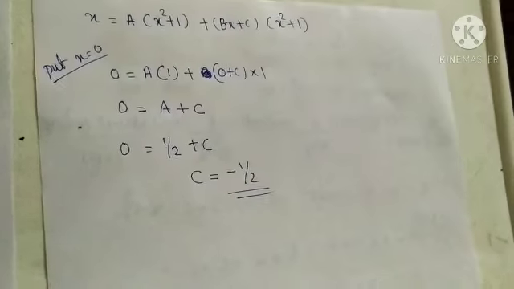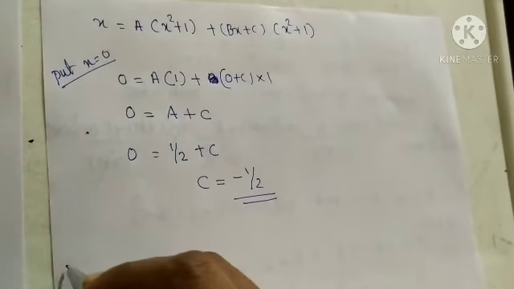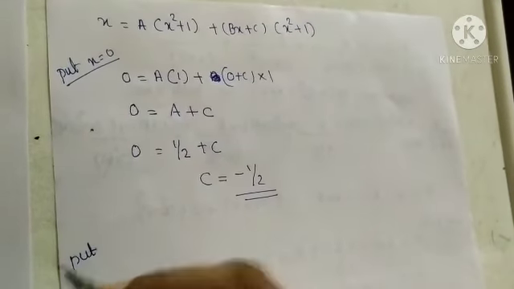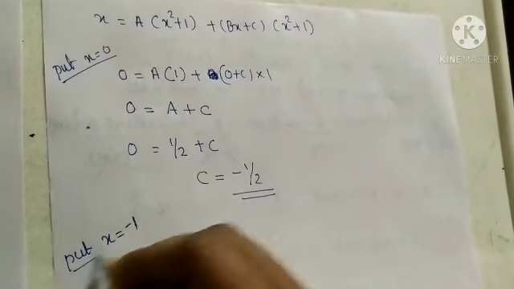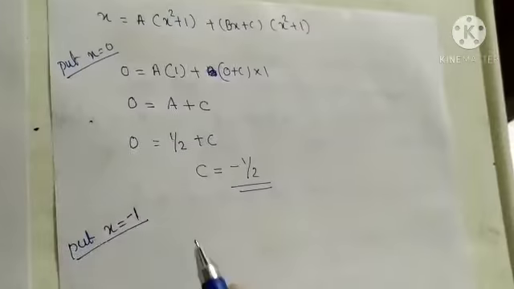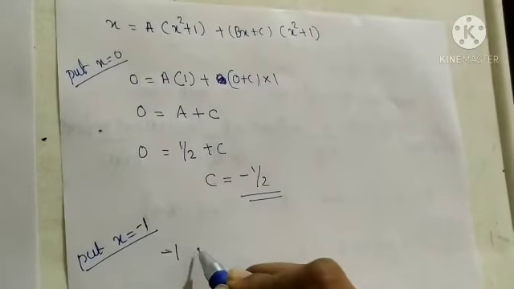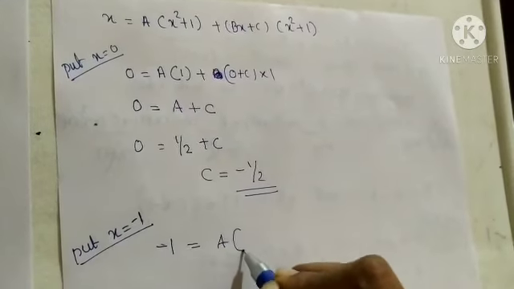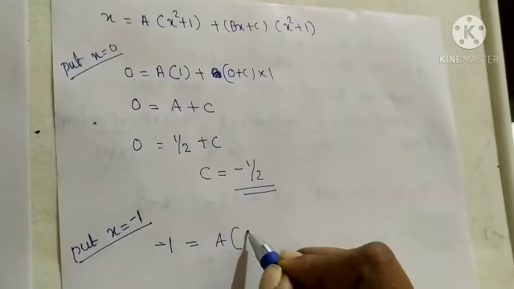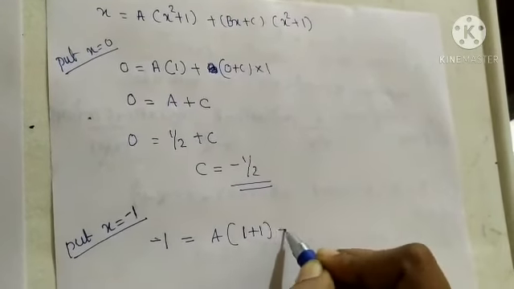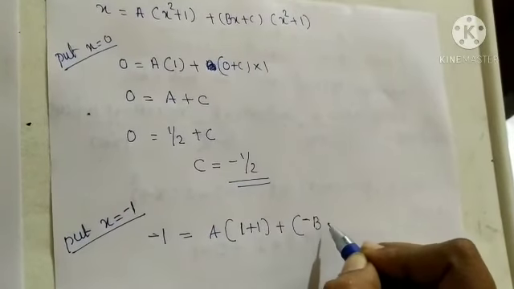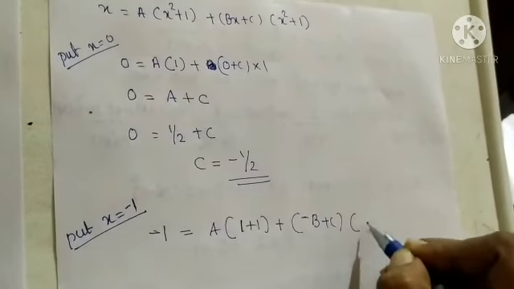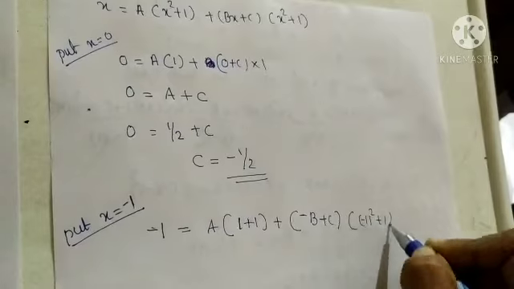Okay, next putting x equal to minus 1 in this equation, here we get minus 1 equal to a into minus 1 square, that is 1, plus 1, plus b into minus 1 becomes minus b, plus c into minus 1 all square plus 1.